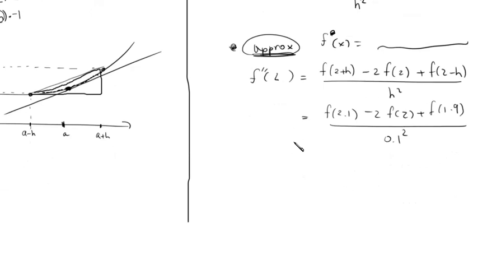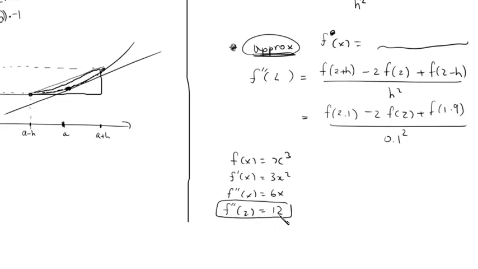Let's suppose we have f of x equal to x to the power of 3. Of course we know that the first derivative is 3x squared and the second derivative is 6x. If we plug in 2 there, we get 12. So this is the exact value of the second derivative at 2.